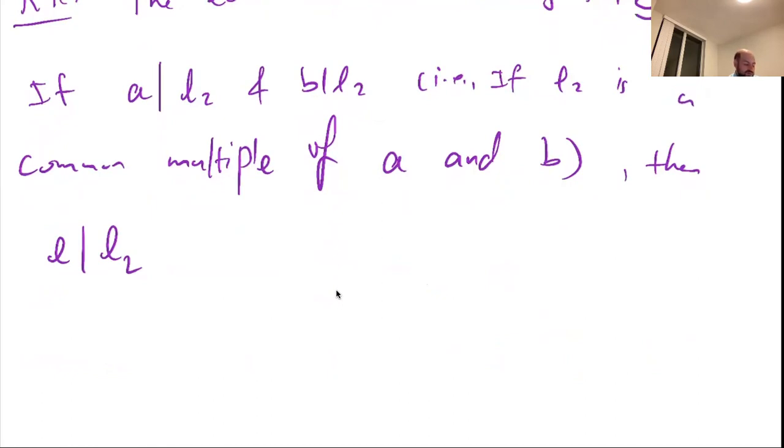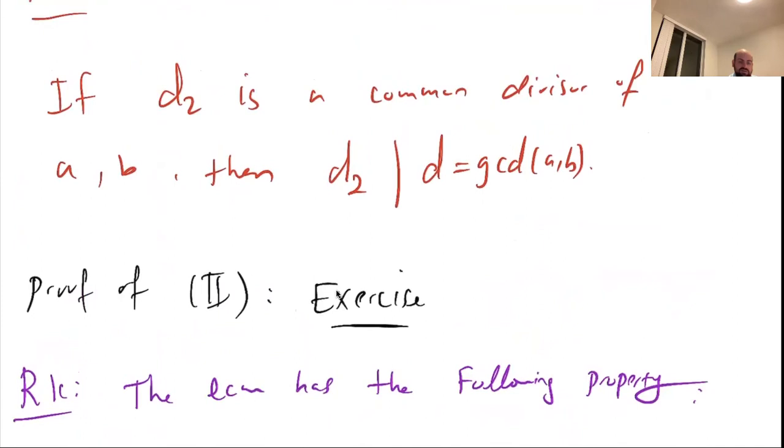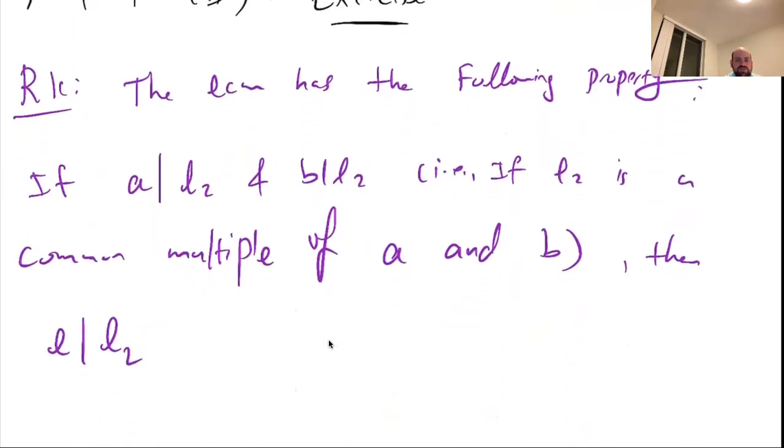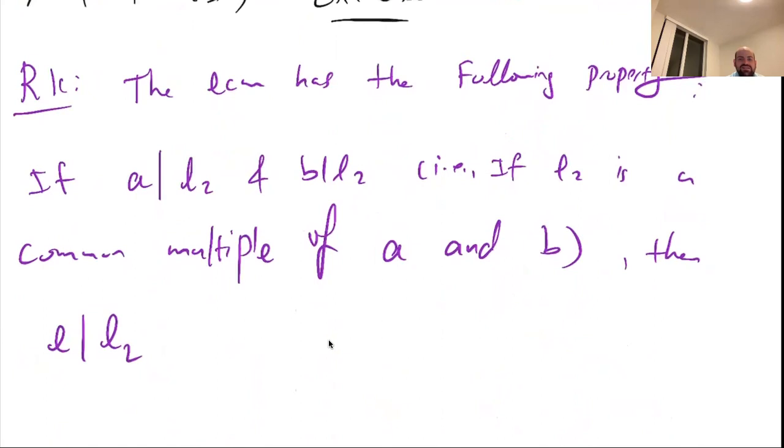In the case of GCD, because D was the greatest common divisor, an arbitrary common divisor was a factor of D. But now this is the opposite situation. Now here L is the least common multiple, so L is a factor of an arbitrary common multiple.